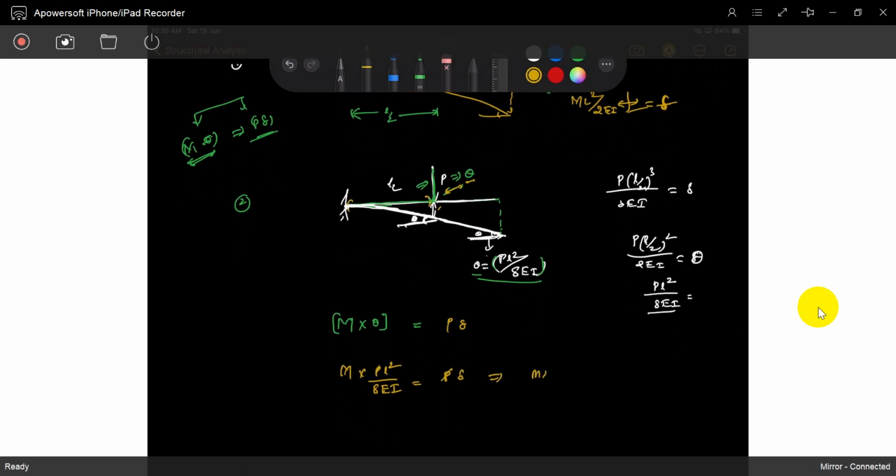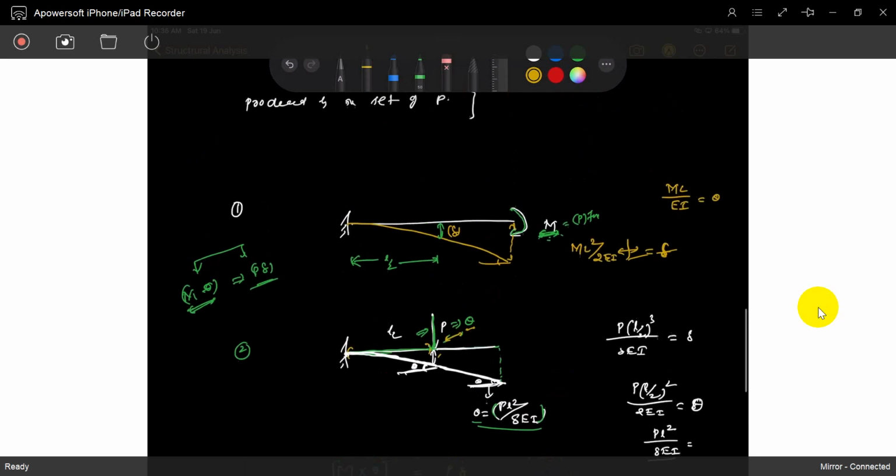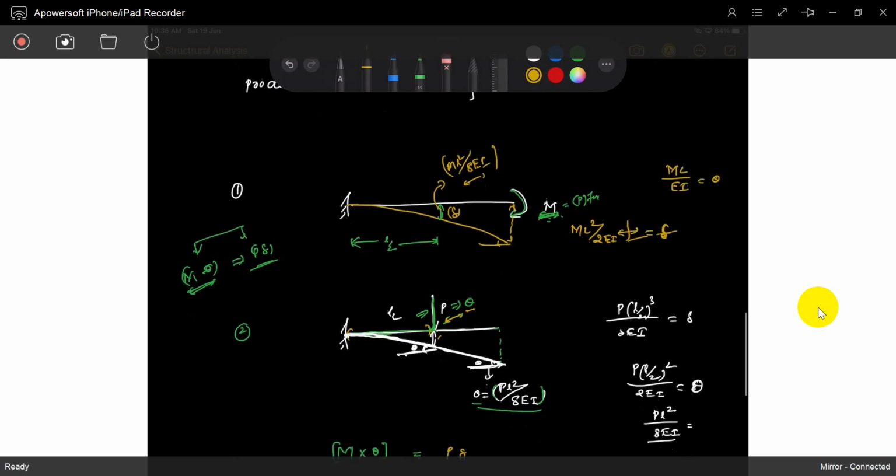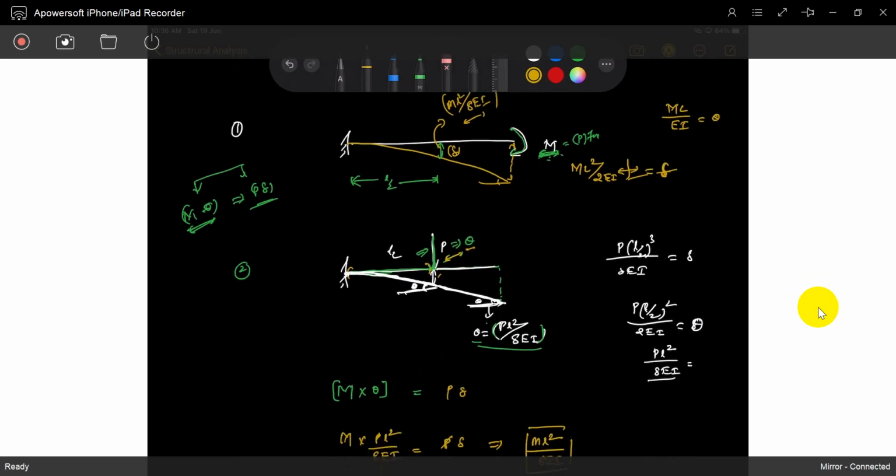P cancels, and it is ML square by 8EI. So direct. There is nothing to do with the high level integrations or different methods. Just see it. Are you understood? That is the advantage.